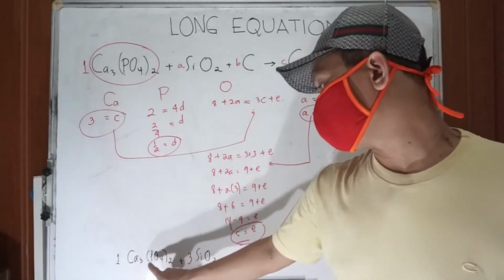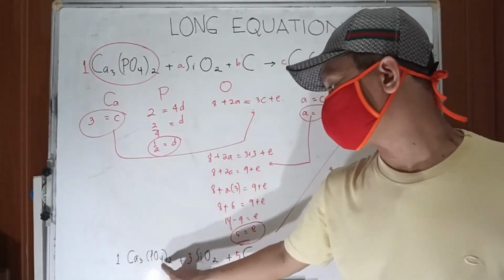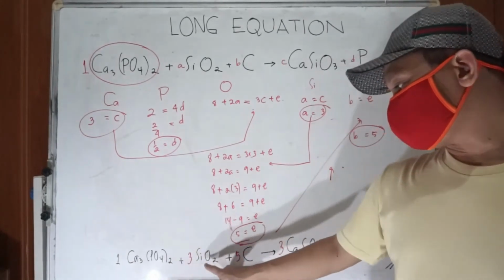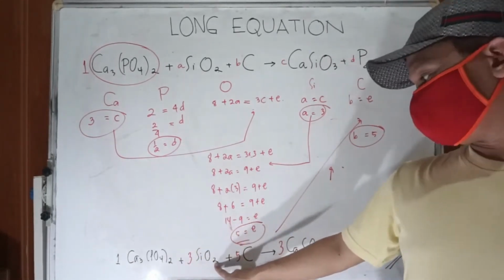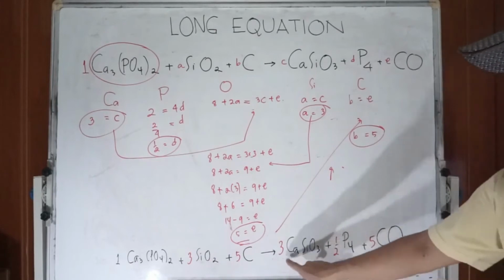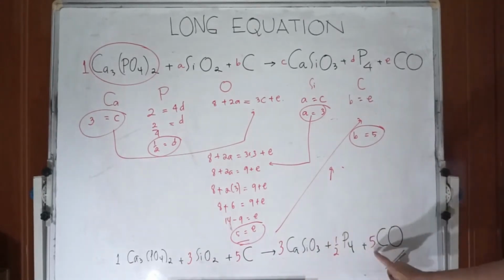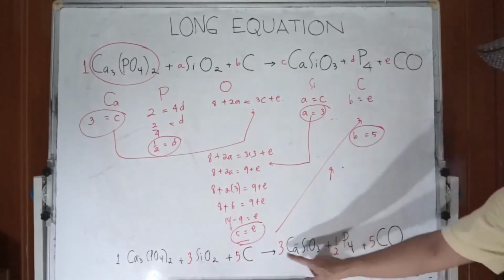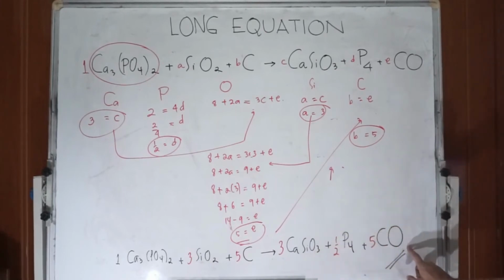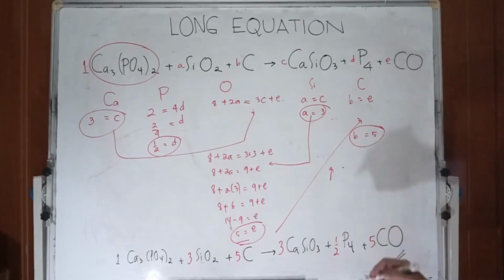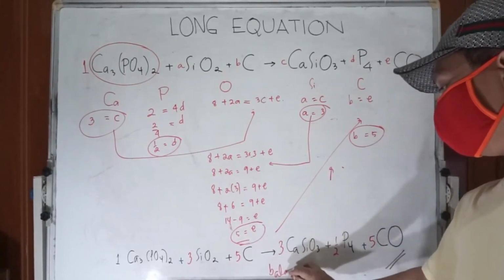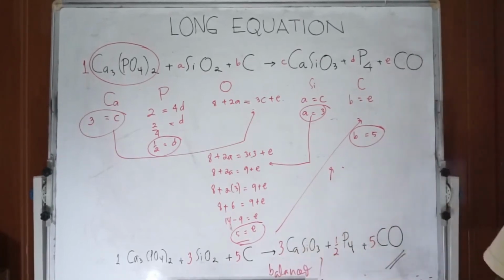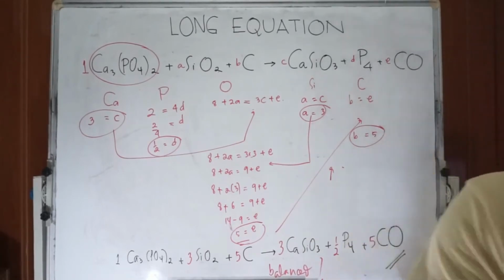Oxygen 1 times 4 times 2, 8. 3 times 2, 6, so 14. How many here? 3 times 3, 9. 5 times 1, 5. So, totally 14. So, equal. So, the conclusion is balanced. Thank you.